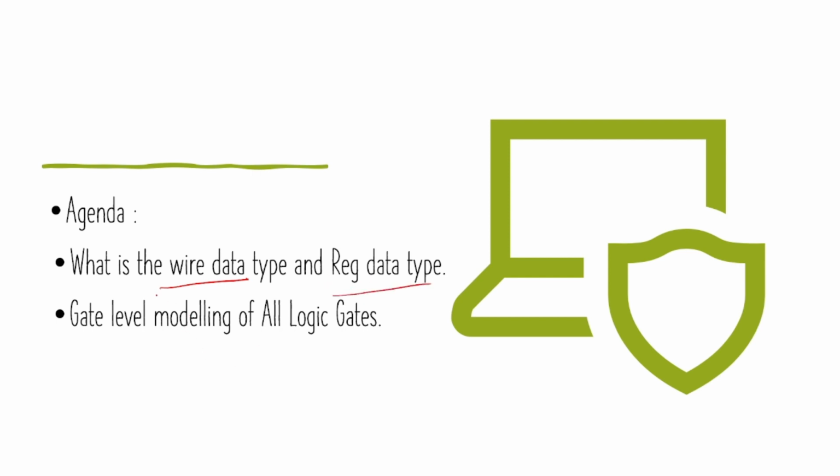I will give a basic idea about what a wire and a register are, and then cover gate level modeling of all logic gates, including universal gates and special purpose gates. I will show you the simulation of gate level modeling of all logic gates using the Xilinx 13.2 tool.